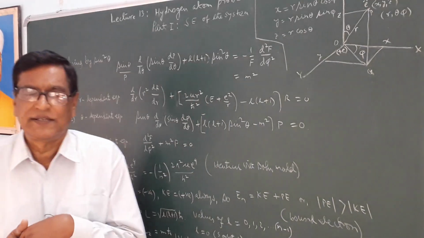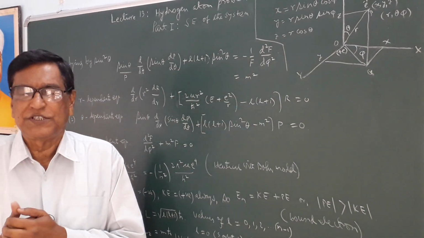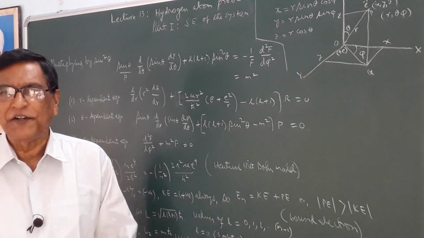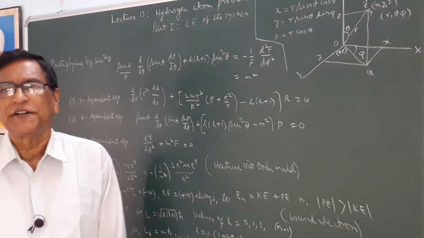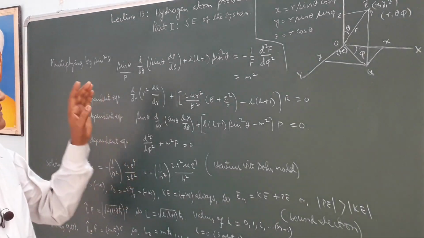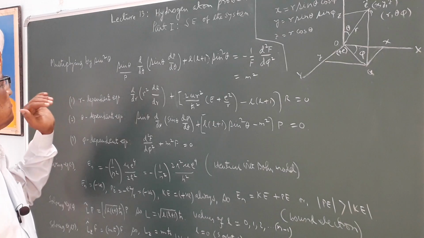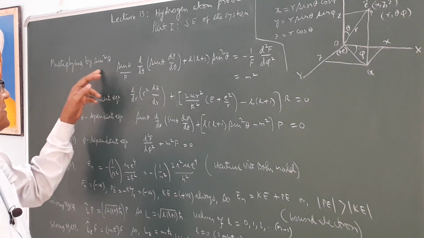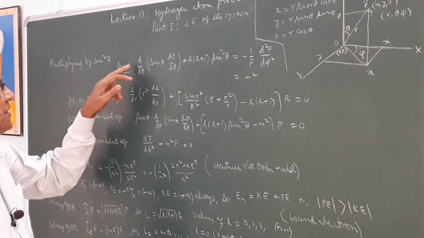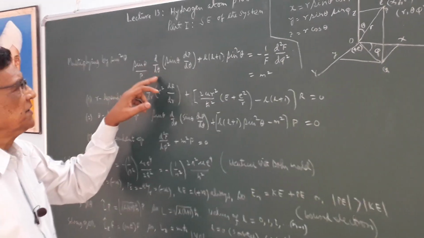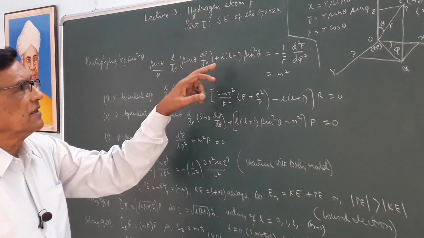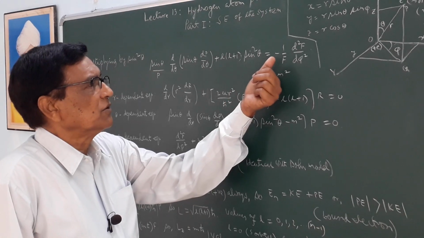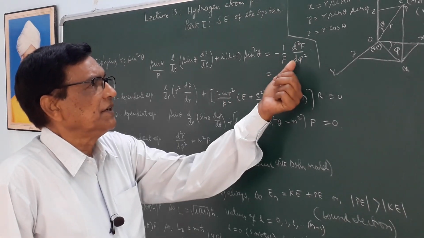The angular part of this Schrödinger equation can again be separated into two equations, one depending on theta and the other depending on phi. For this purpose, let us multiply this angular part of the equation by sine square theta. Then the theta terms, sine theta d by d theta of sine theta dP by d theta, plus L into L plus 1 sine square theta, are equal to minus 1 by F d2F by d phi square.